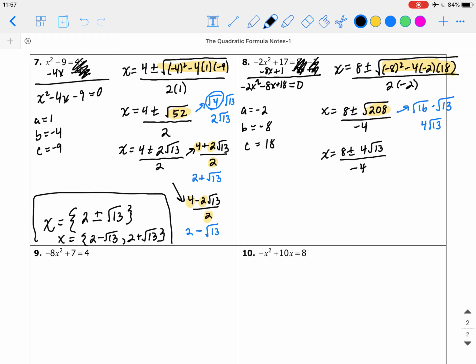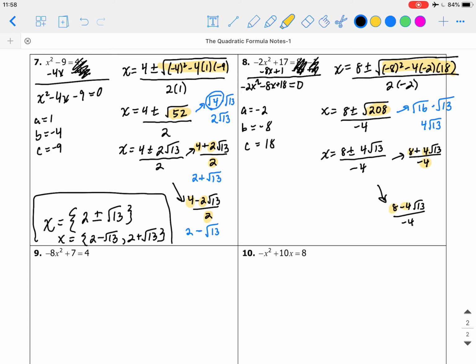So again, we have two situations here we got to take care of. I have 8 plus 4 square root 13 all over negative 4. And I have 8 minus 4 square root 13 all over negative 4. Okay, so as we mentioned with our prior problem, 8 and 4 are both divisible by negative 4.